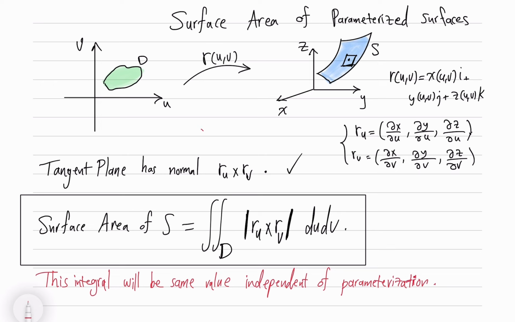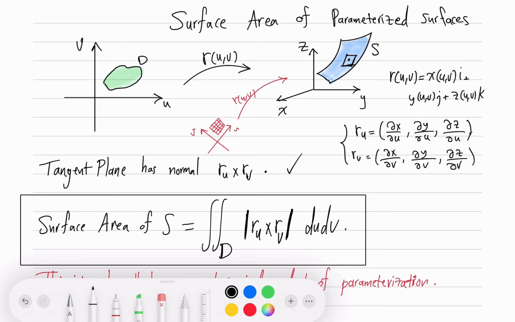If you ask someone else, they may come up with a totally different way of parameterizing the same surface, a totally different D. Maybe they are more clever and they parameterize from a complete box, and they have their own r, and now they compute their respective integral, and if these were not the same, then these two people would have a fight over what should be the surface area of our object, and it would be stupid to define the surface area of the object in a way that depends on who and how we parameterize the surface.